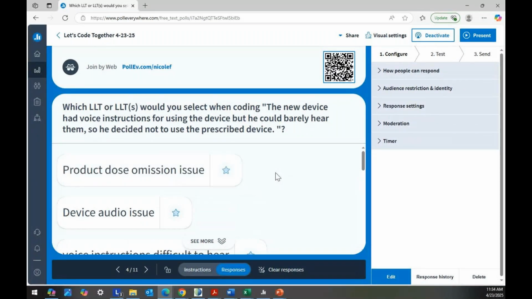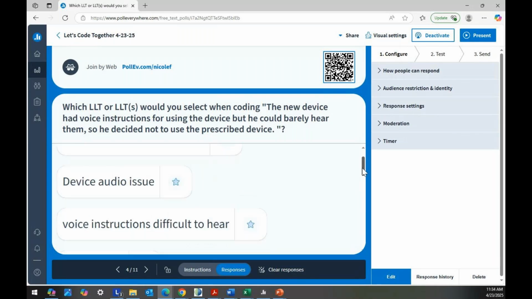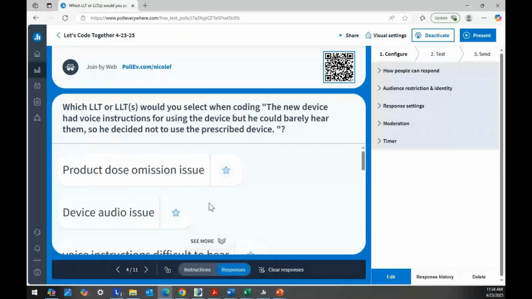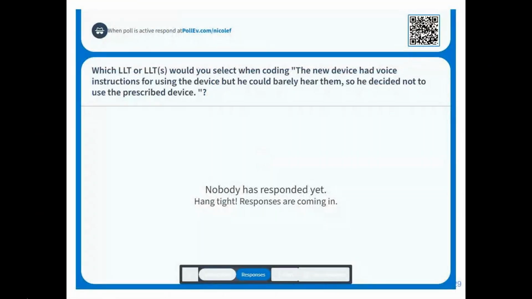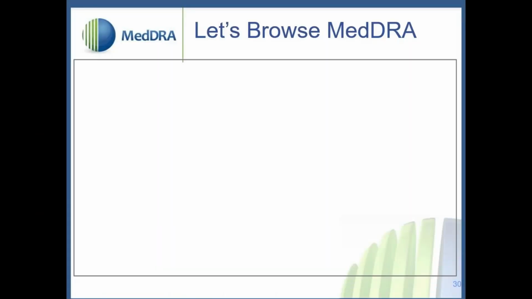Okay, what about the fact that he decided not to use the prescribed device? So let's go to the next slide, and I'll show you how this next slide has a view of the browser.